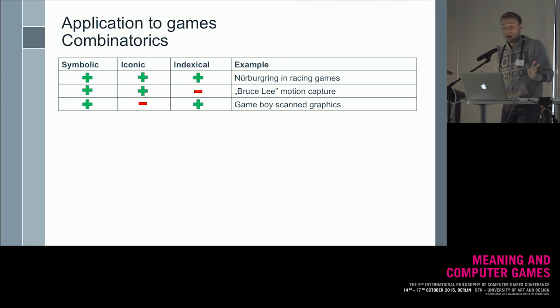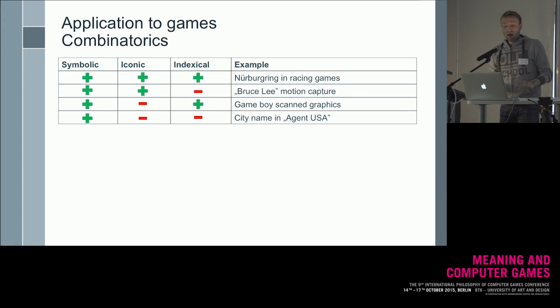Again, another example: something that is a symbolic representation and an indexical representation, that is, it says that its target is this, and it was taken from this target, but it's not iconic, so it's not actually structurally similar. It happens when our scan is very bad, like this. This is a Game Boy mono representation of one of the fighters in Mortal Kombat.